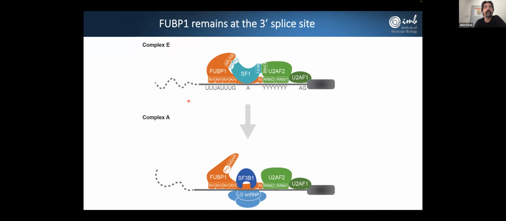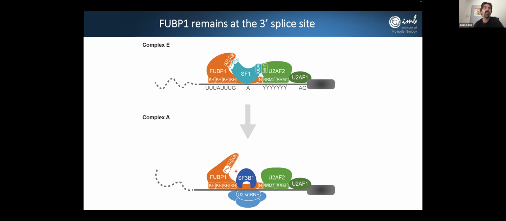So far I talked mostly about this very early 3' splice site complex, the E complex, where SF1 is present, but during the splicing cycle, SF1 is released and then replaced by the U2 snRNP that binds to the branch point together with the component SF3B1 that we also analyzed in our CLIP data.